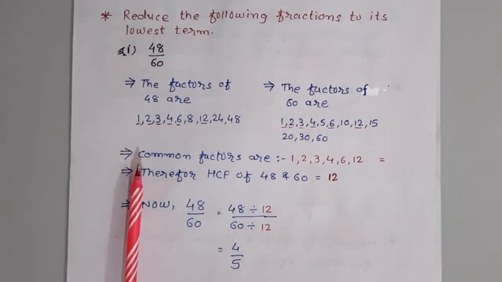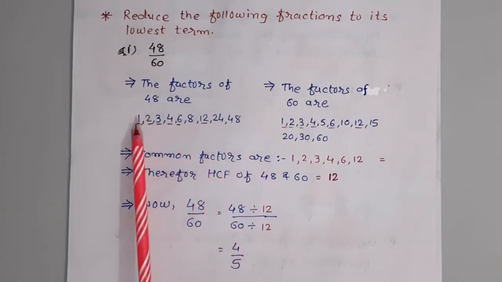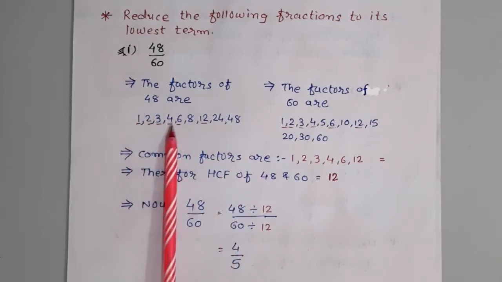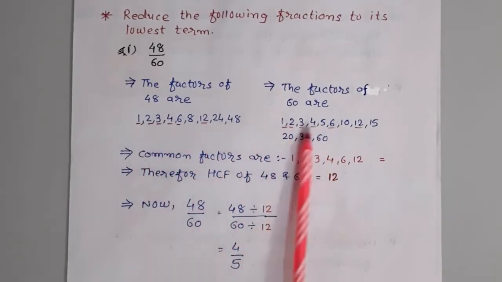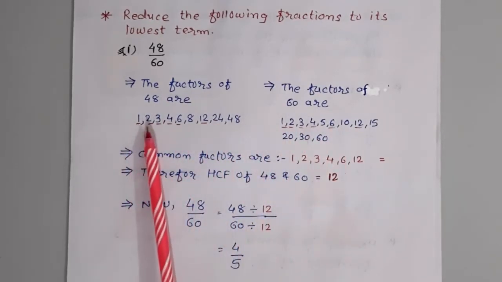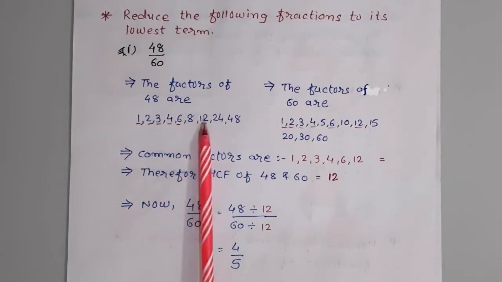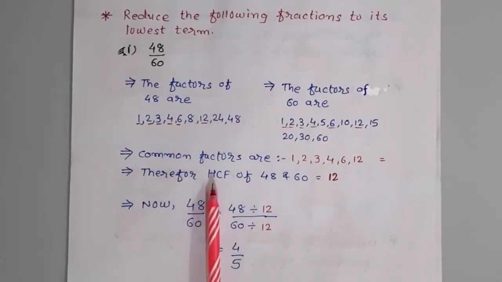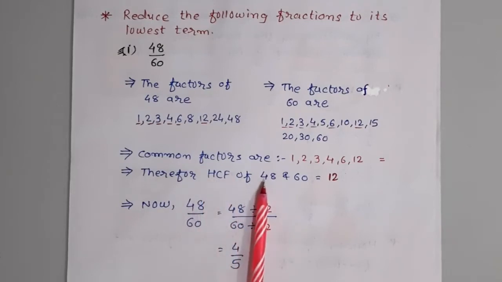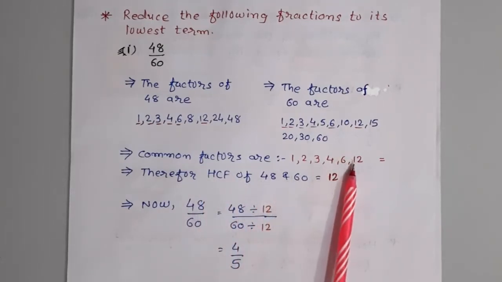So the common factors, you can see that I put an underline, in both are 1, 2, 3, 4, 6 and 12. Therefore the highest common factor of 48 and 60 is 12.